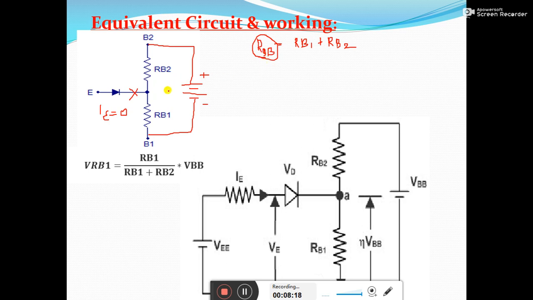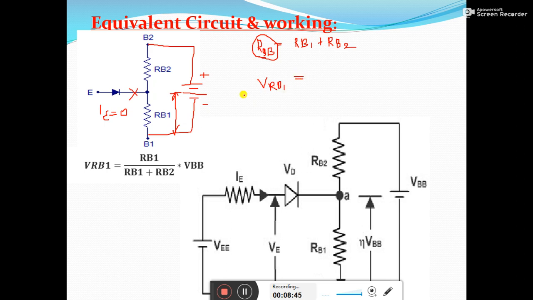So let us try to find out the voltage drop across RB1. We won't calculate the voltage drop across RB2, because our current will always flow from the emitter to the base 1 terminal. So let us find the voltage drop across RB1, which is VRB1.